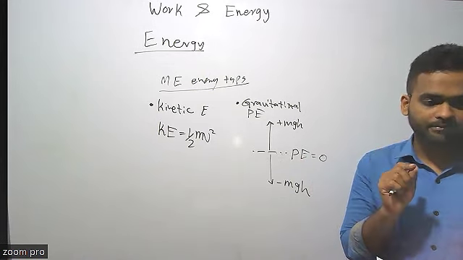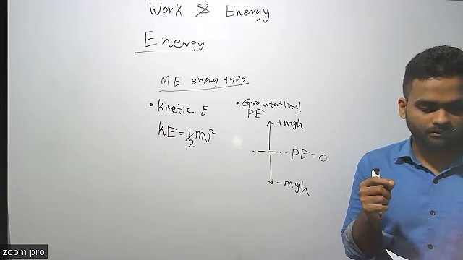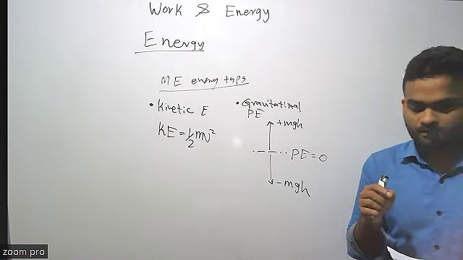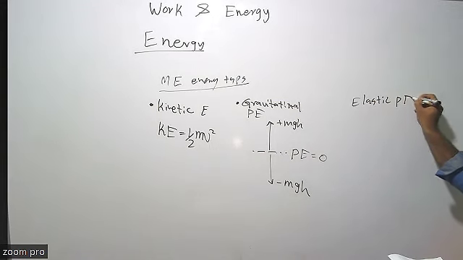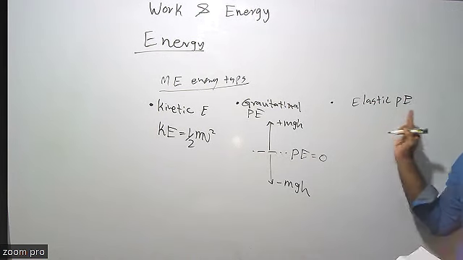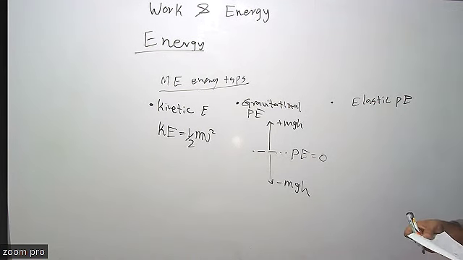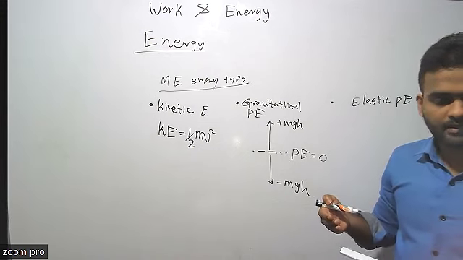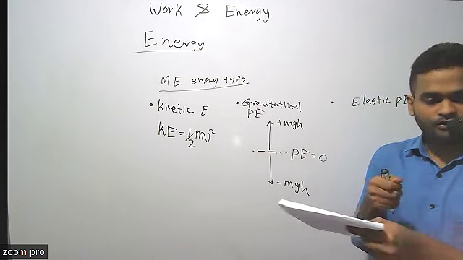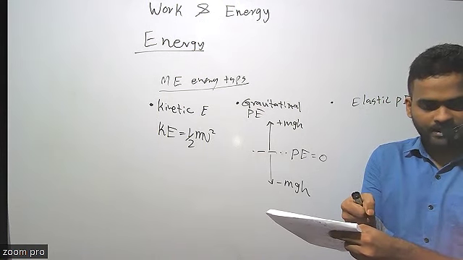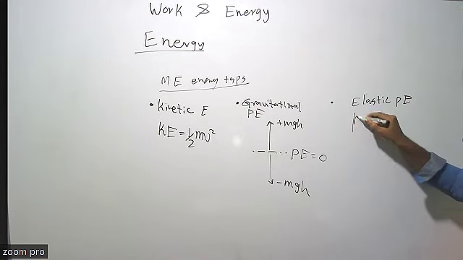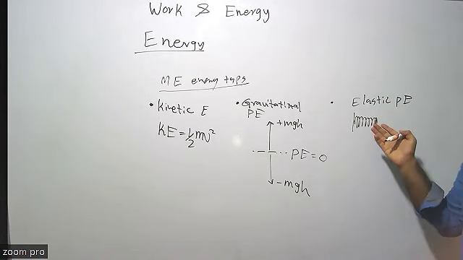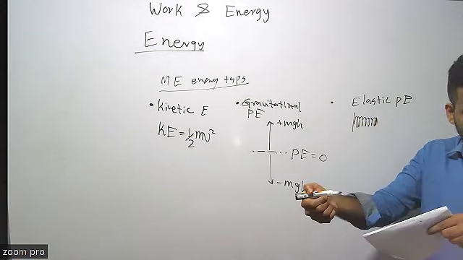The other one is elastic potential energy. Many students are not familiar with this. Take it down, elastic potential energy. So what is elastic potential energy? When you apply a force on an object, let's say a spring, this could be any object, like a rod or a string.